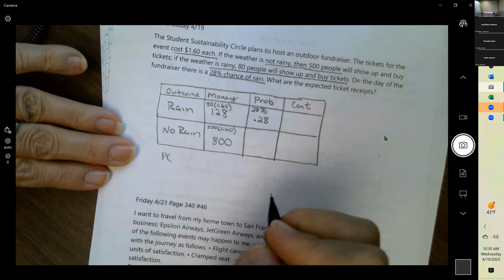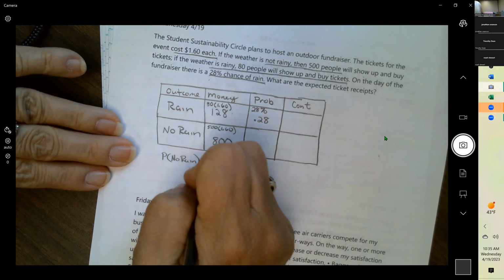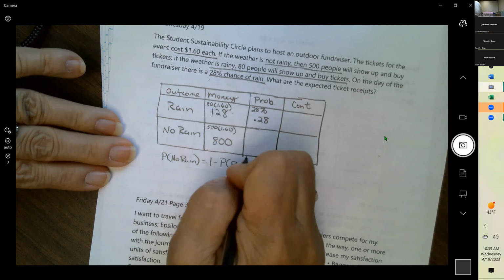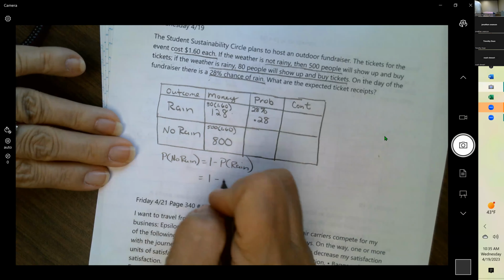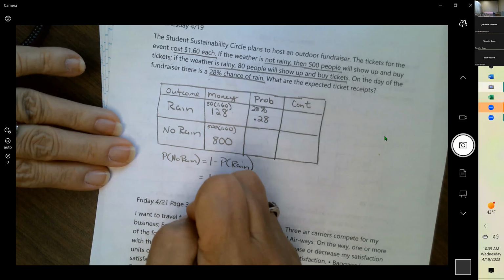0.72. What we did was we used the complement: 1 minus the probability of rain, which was 0.28, gives 0.72.